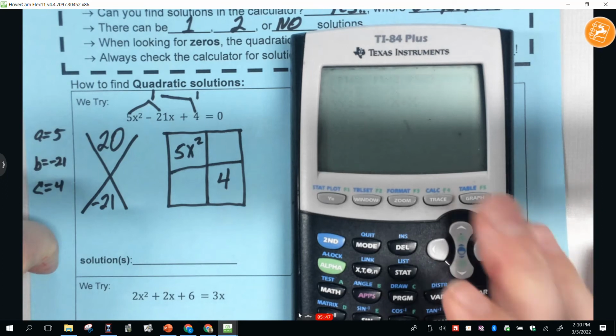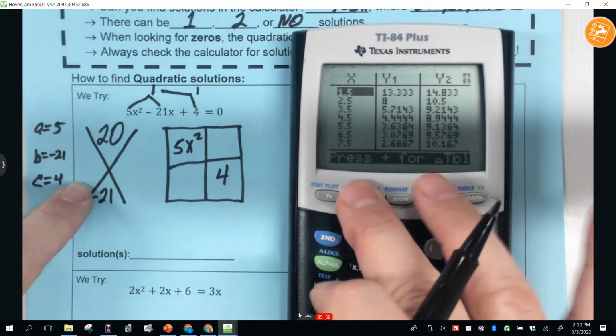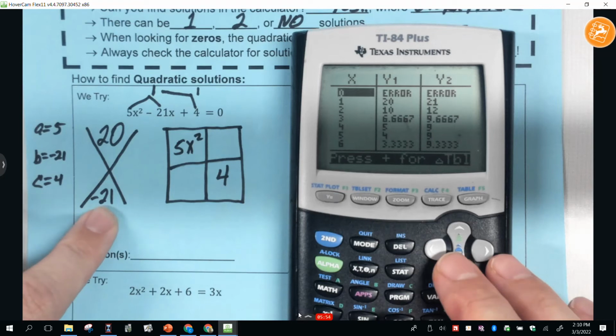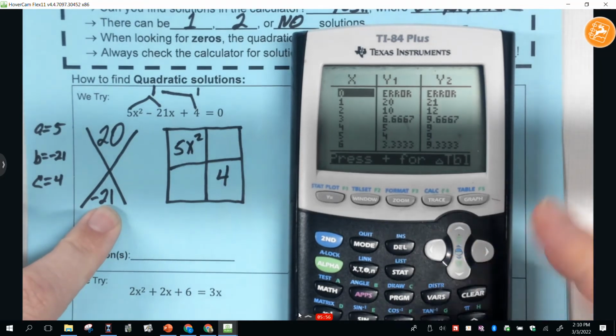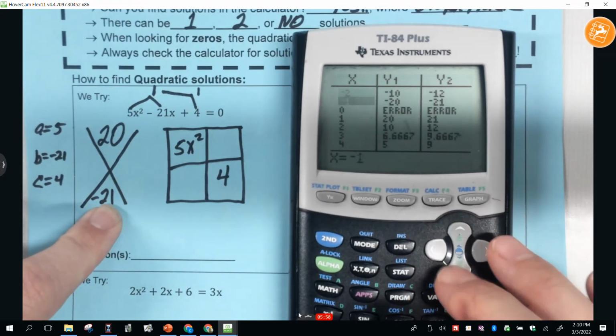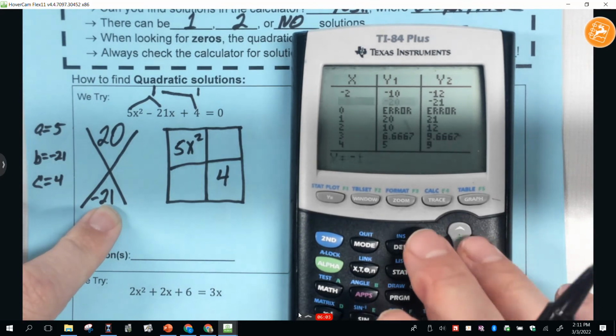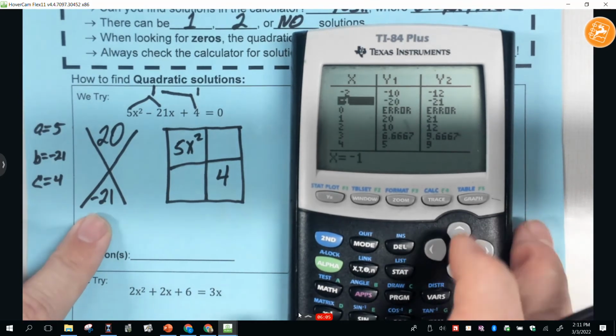Now I'm going to go to my table, and set it to 0. I'm going to look for negative 21 in the y2 column. I'll go up, and there it is right there. So my magic numbers are going to be negative 1 and negative 20.